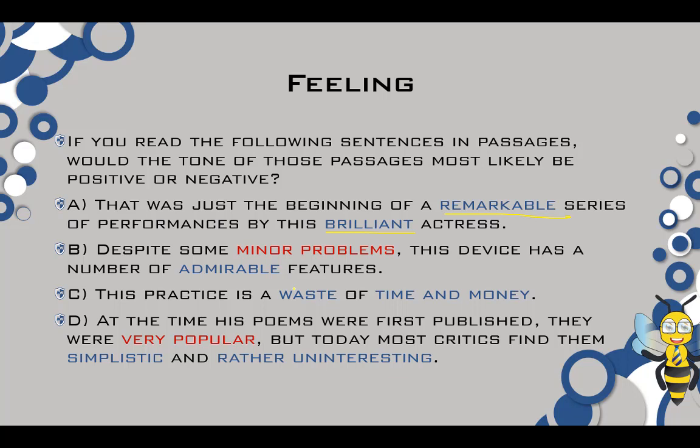It's positive, but I want to clarify something. For example, on option letter A, we have these two words in blue, and both words refer to something positive, remarkable and brilliant, right? In option B, we have minor problems, which refers to something negative, and admirable refers to something positive. So we have two expressions in the same sentence, one negative and one positive.